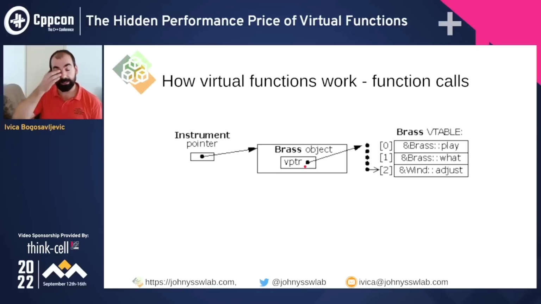The compiler knows that the adjust method is in entry number 2 in the virtual table. So it will dereference this pointer, and it will get an address, and then it will go to offset 2, and it will read the address of the function. Then it will call the function with this address. Okay, so this is how the virtual function mechanism actually works.